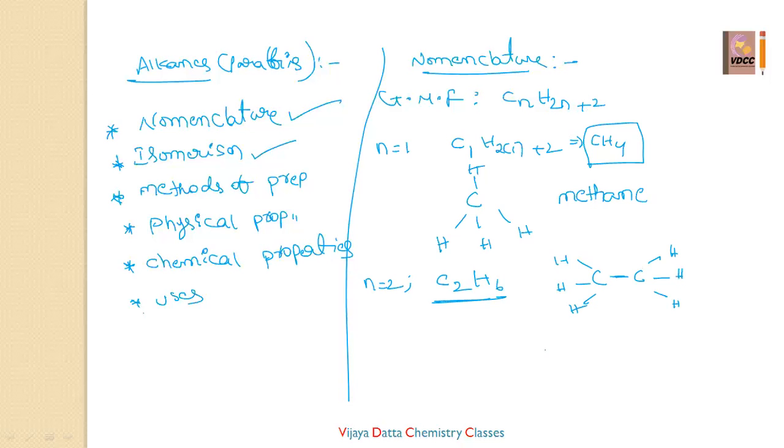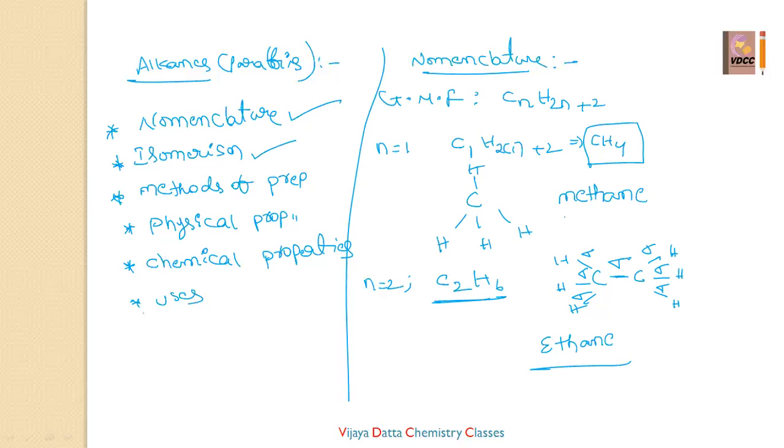Two carbons are present, so the root word is eth. All are single bonds, so it is called ethane. The only bond present is the sigma bond. A total of 7 sigma bonds are present in this C2H6 structure. Its name is like this, and this is the complete structure.